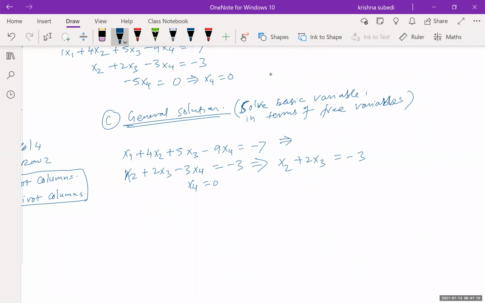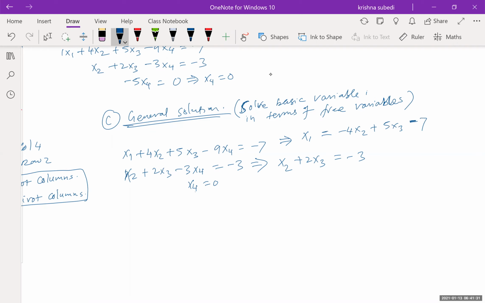And from the first one, if I substitute x4 equals 0, what I get is x1 equals -4x2 minus 5x3 minus 7.